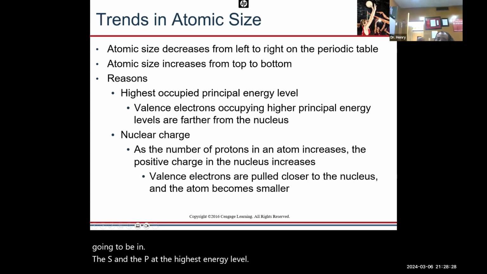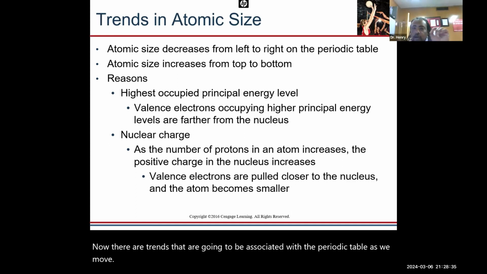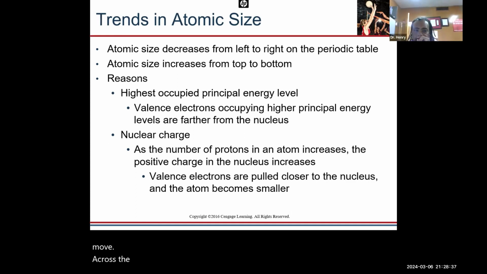Now, there are trends that are going to be associated with the periodic table. As we move across the periodic table from left to right, the size of the atom is going to decrease. As we move from top to bottom, the size of the atom is going to increase. Okay, so let's put the periodic table up.